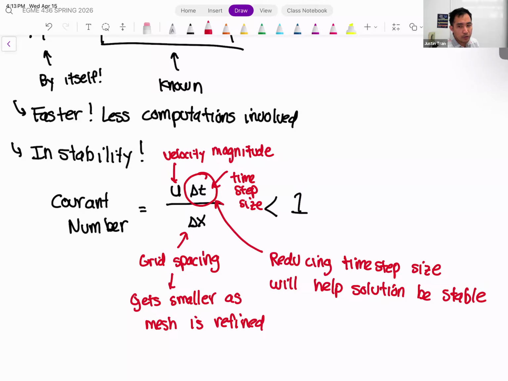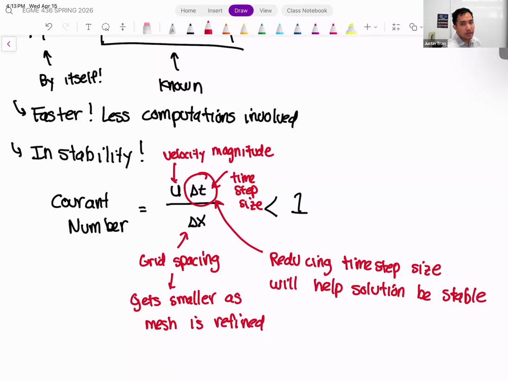And so if your time step size is too big and too much is happening in between the time steps, then the simulation gets confused and outputs infinite numbers, which is not good. And so in order for your simulation to keep up with the flow that it's simulating, oftentimes you need to reduce that time step size. Okay, and a smaller grid spacing actually makes it even more difficult to capture that phenomenon.